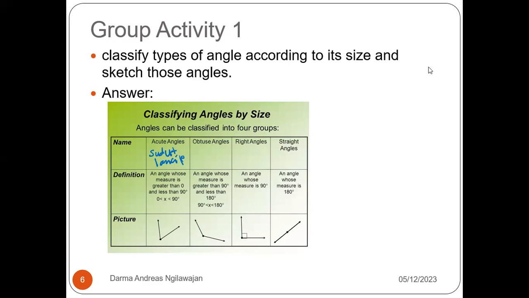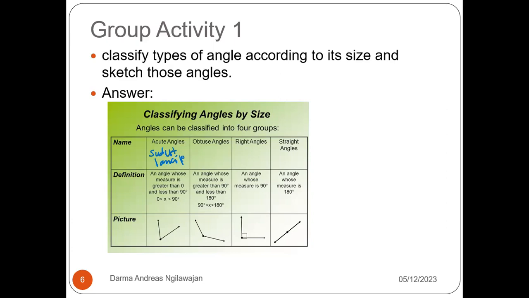So we formulate the sentence mathematically, or you can simply say it can be written mathematically as, bisa secara matematis ditulis seperti demikian: x is an obtuse angle, x greater than 90 degrees and less than 180 degrees.